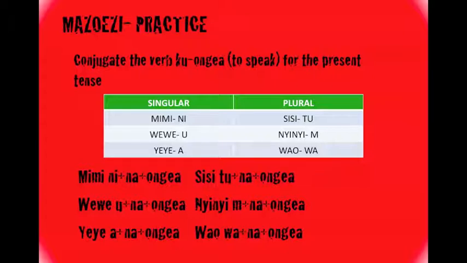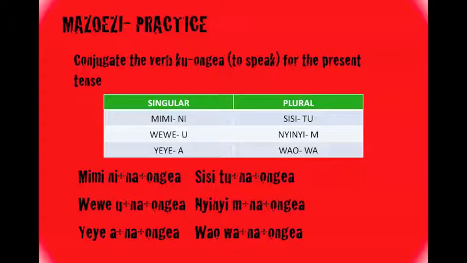So the stem for kuongea is the verb minus ku, or ongea. So in order to say, for example, I speak Swahili, I would say mimi ninaongea Kiswahili, which is the Swahili word for Swahili.